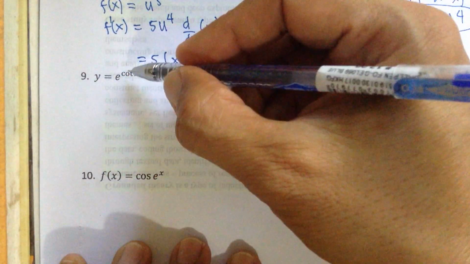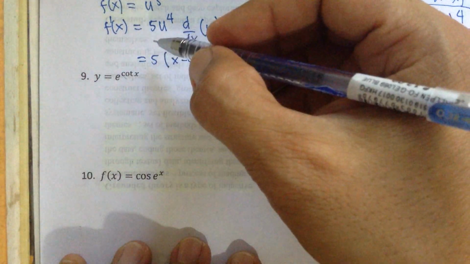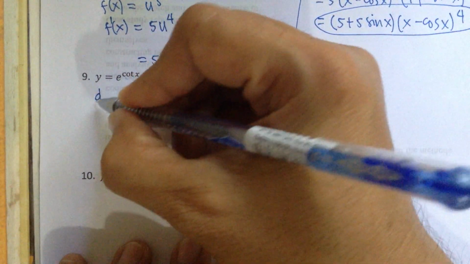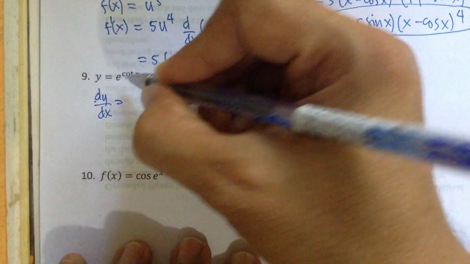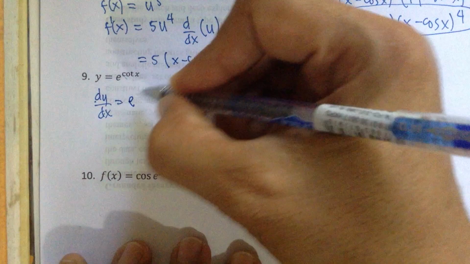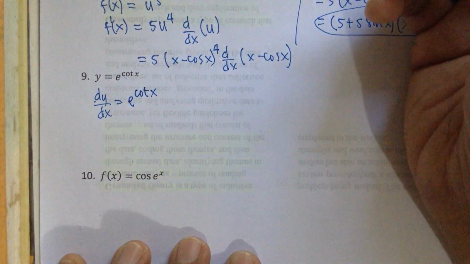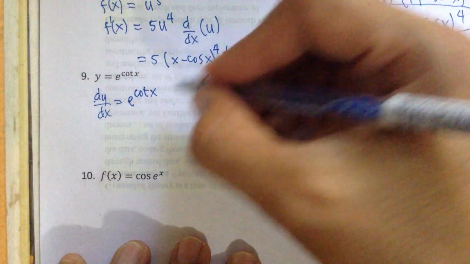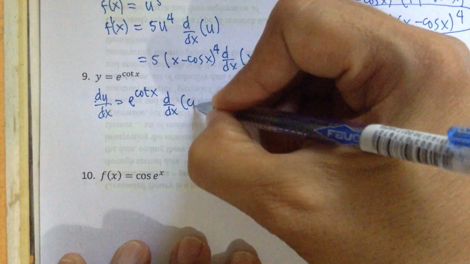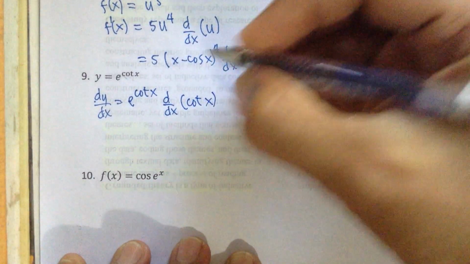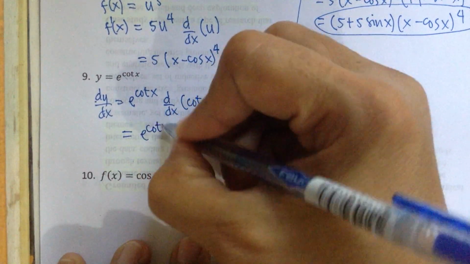So obviously your u here is cotangent, right? So that means that you have y equals e to the u, and the derivative of e to the u is e to the u, where your u is cotangent x. Okay, and then according to the chain rule, don't forget to compute for the derivative of your u, which is cotangent x. So you have e to the cotangent x.